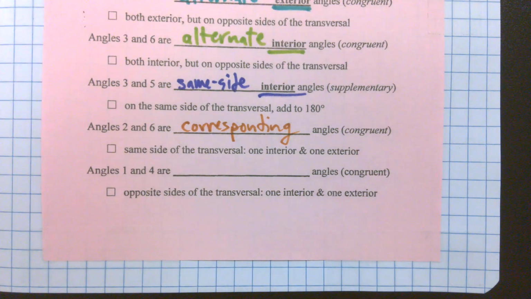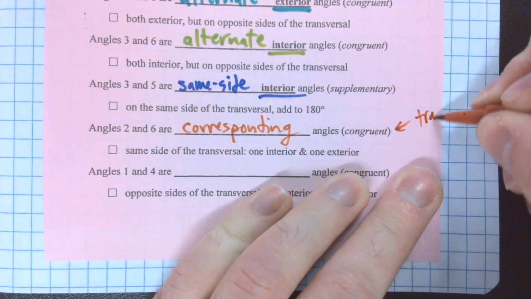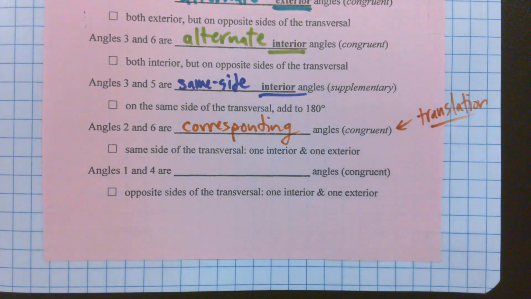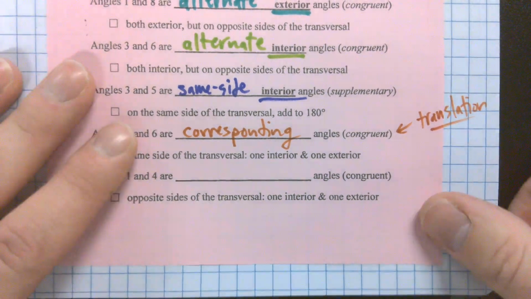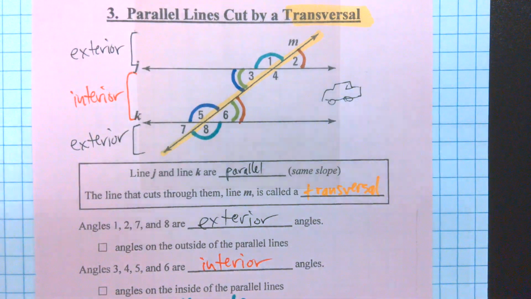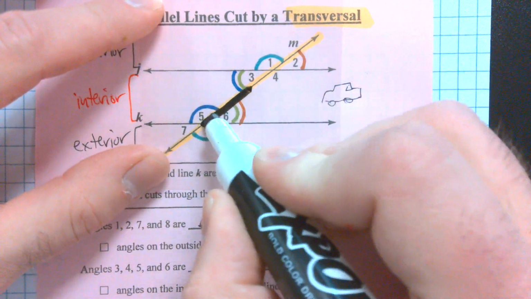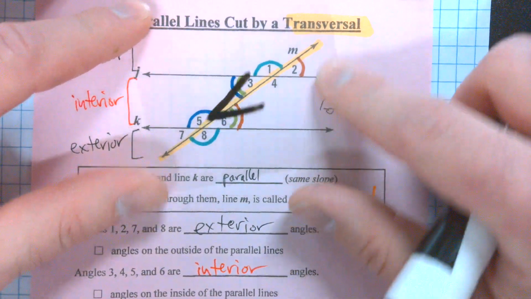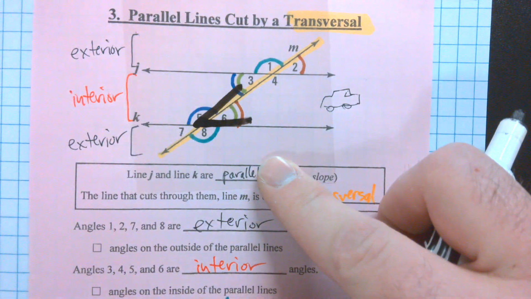And next to this, I want you to write translation, because corresponding angles are kind of like a translation. We remember translations, right? If I draw out angle 6, remember, with a translation we're not turning it, we're not flipping it, we're just sliding it around.